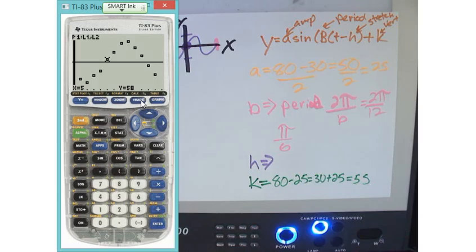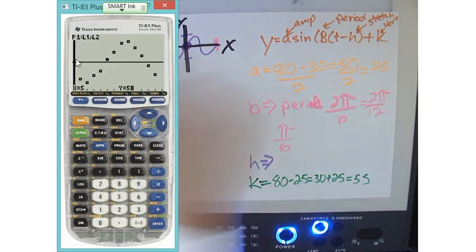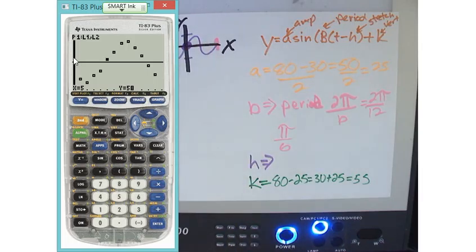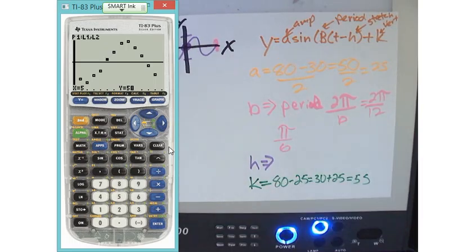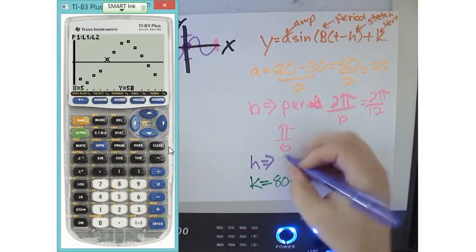Do you guys agree with that? So if I took this point and shifted it over 5 units, it would look like my original sine. So h equals 5. All right, we're doing good so far.